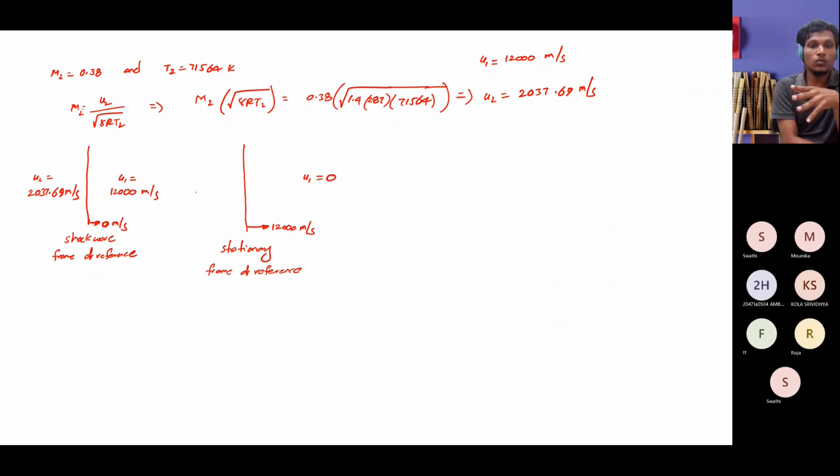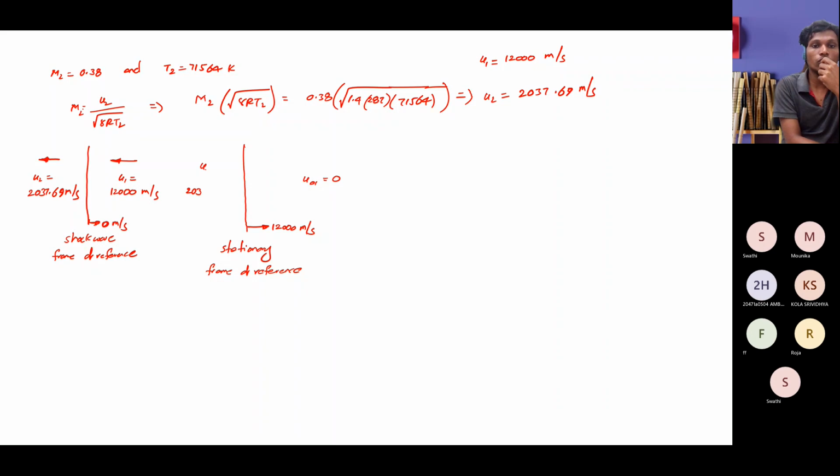Note that the flow velocities u1 and u2 are in this direction. So as we subtracted the 12,000 from u1, you will get u1 equals 0 here, or using a different notation, u01 equals 0.